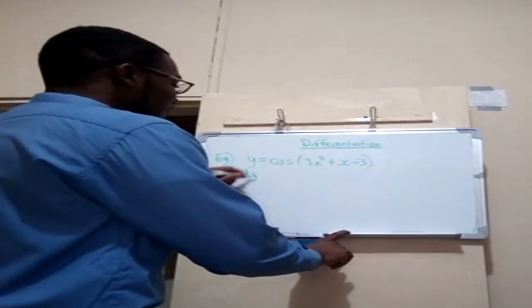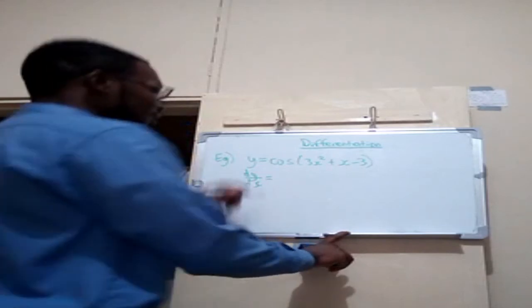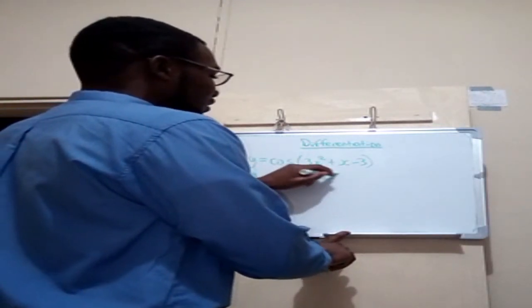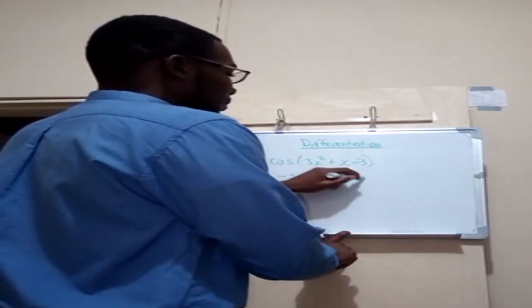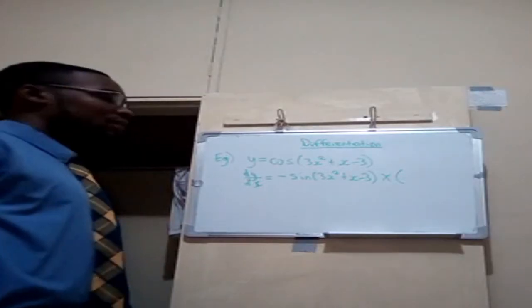Then dy by dx is equal to, when we differentiate cos, we get minus sine of 3x squared plus x minus 3 times the derivative of what's inside the bracket.